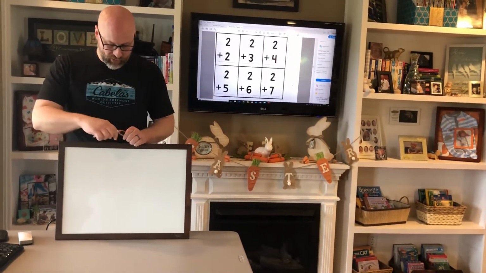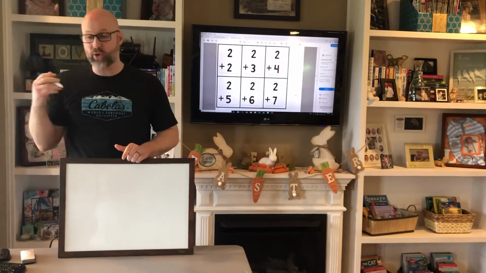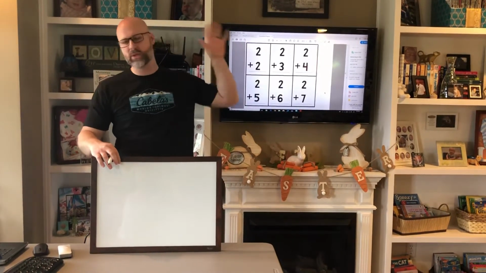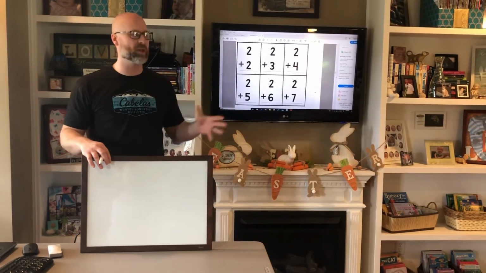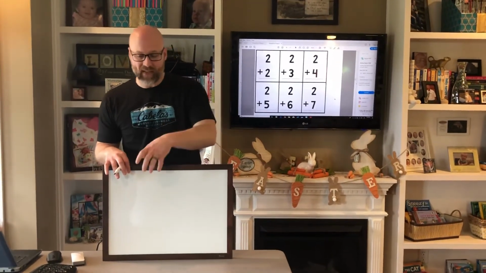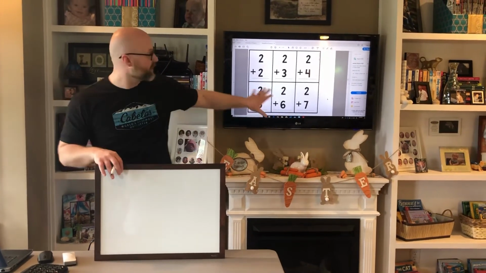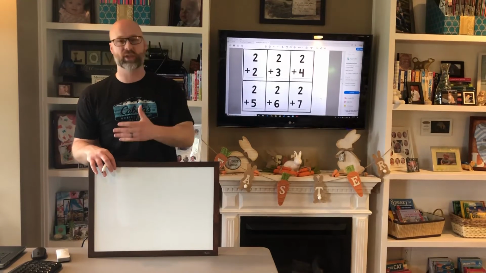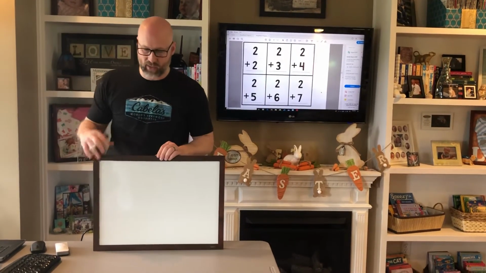You might say, hey, these problems on the board are way too easy for me. I know much more than that. And that's okay, because we'll add some more difficult ones in here. That way, if you're at a single-digit addition level, you can do these, or if you're doing double-digit addition, you can use these skills as well.